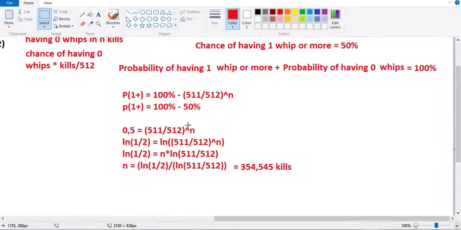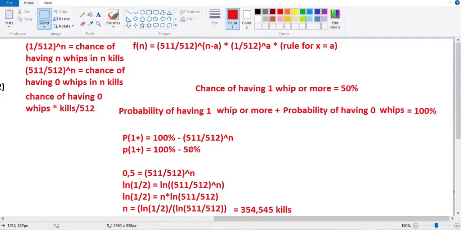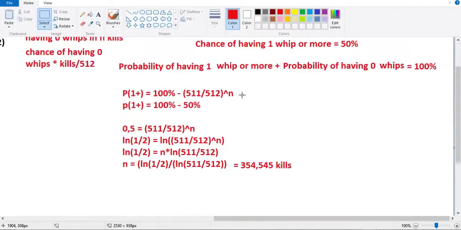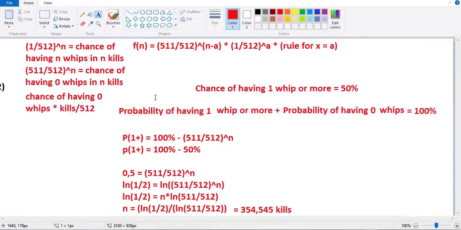Now that we're able to find the probability of having 1 whip, we can even say: if you get an item after 1000 kills, you don't want to look for the probability of having 1 item in 1000 kills. You want to look at the probability of having no items in 999 kills.